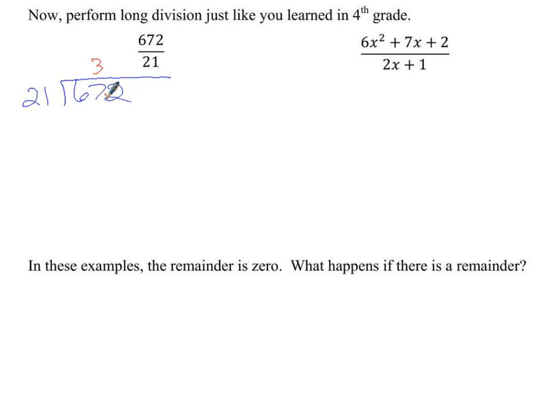Where did the 63 come from? You multiplied. When you multiply, you're actually, I don't know if you know this or not, distributing. I take the 3 and I multiply it times the 1 and I get 3. I take the 3 and I multiply it times the 2 and I get 6. So I got 63. And then what do? Subtract. 67 minus 63 is 4. And then what happens? Bring down what I'm left with. I have this 2 sitting here, so I bring that down. Now what do?